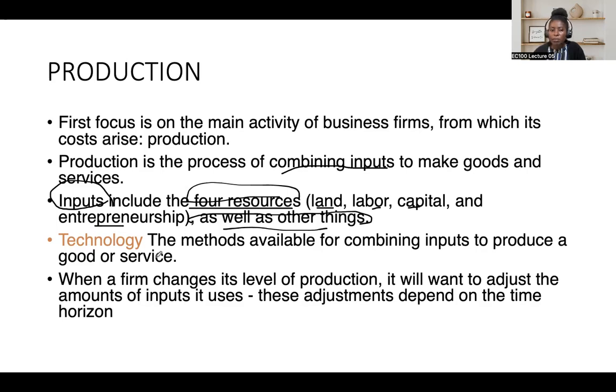By methods available for combining inputs, let's say you have labor and capital. If it's cheaper to use just labor, you're going to produce the same level of goods by using more labor. You'll employ more labor, maybe because they're cheap.